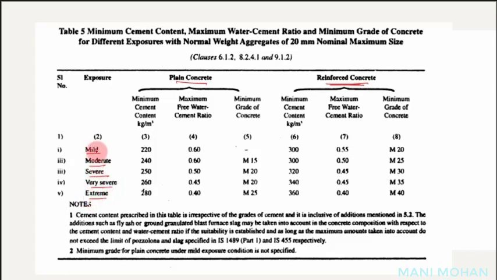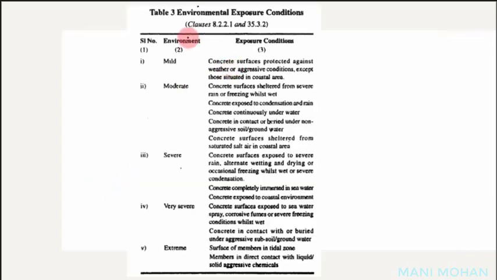Now in order to know the description for mild, moderate, severe, very severe, extreme, you need to go to table number 3. Let me show you. So this is table number 3 in IS 456-2000. Now the environment to which the concrete will be subjected is mild, moderate, severe, very severe, extreme, and the description has been mentioned here.